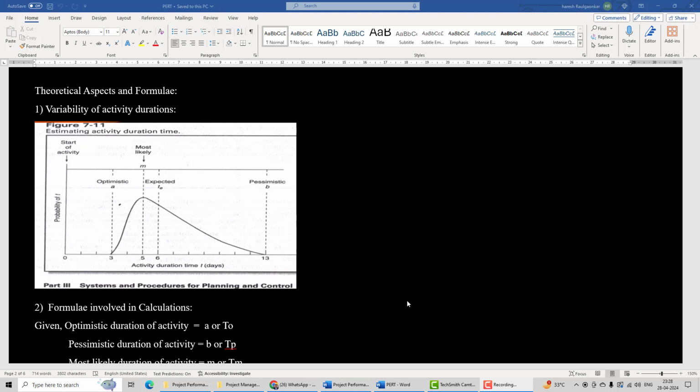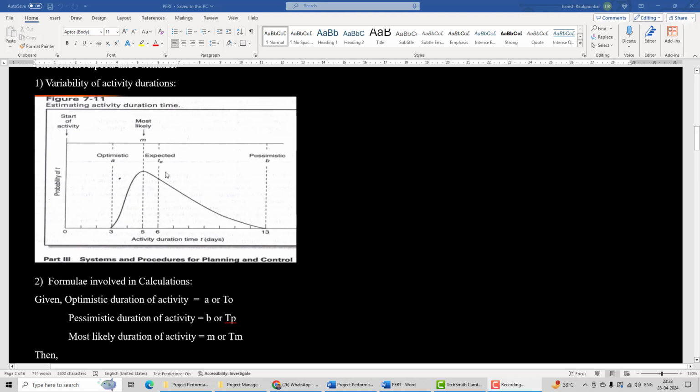So in this particular problem, you will be given the optimistic A, most likely M, and pessimistic B durations of activities. Then we need to calculate the expected duration TE for each and every activity.